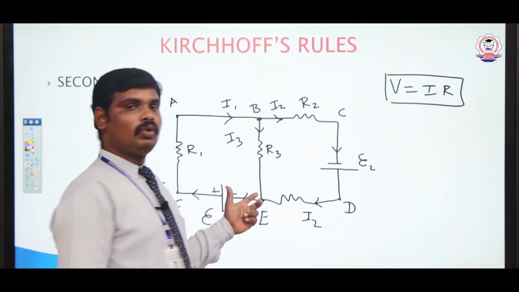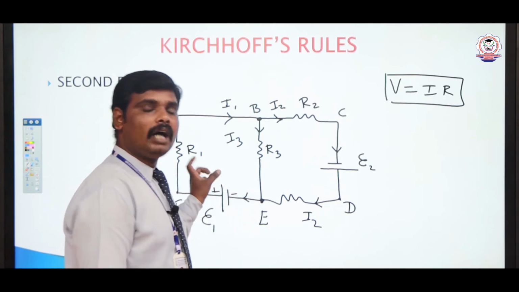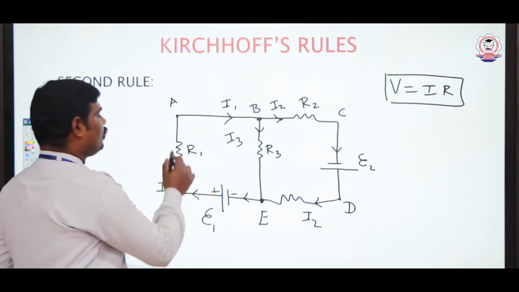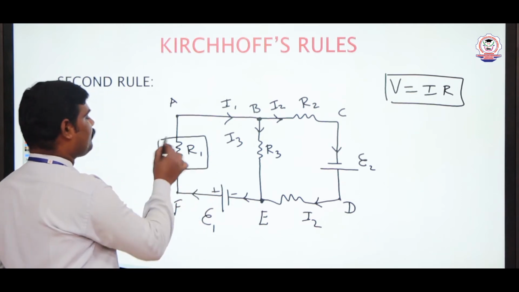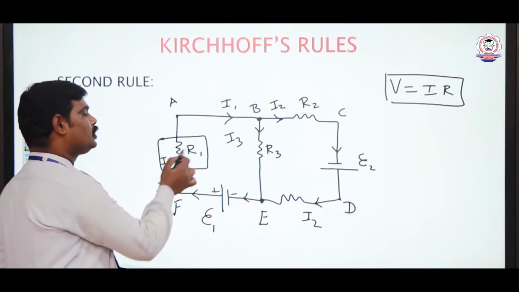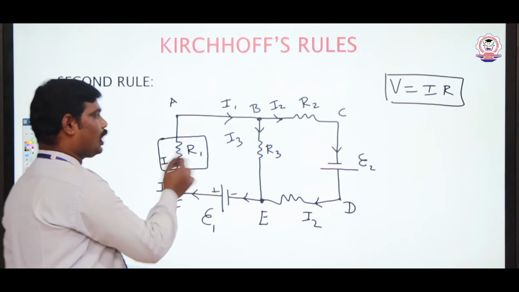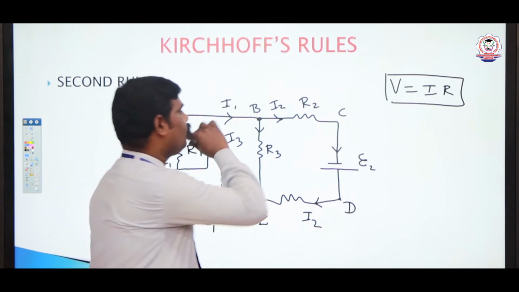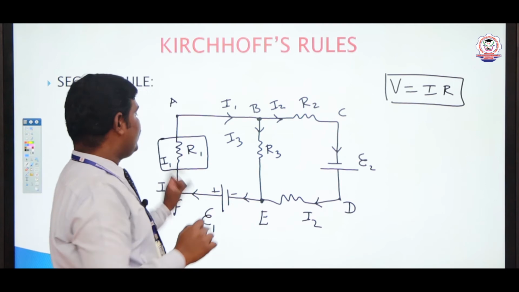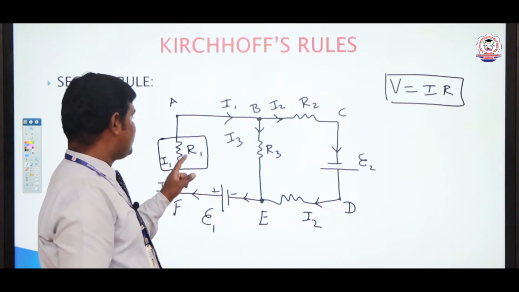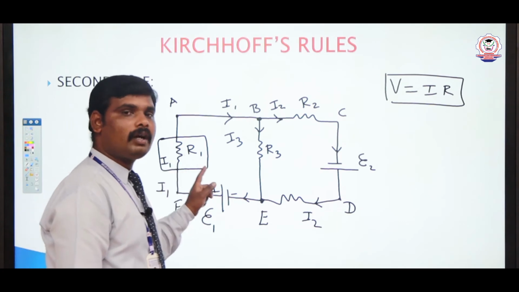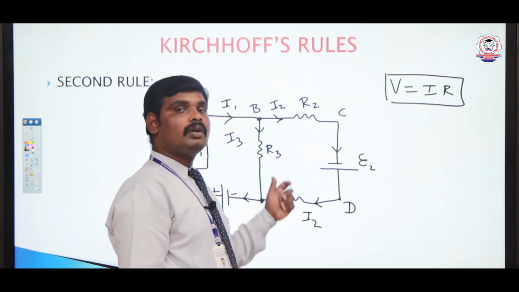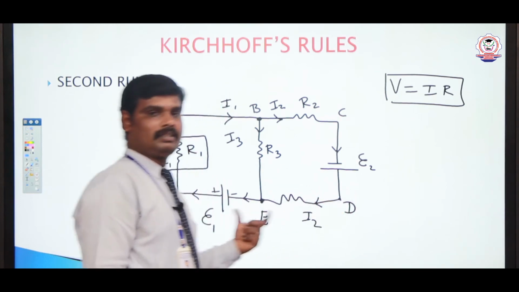The Kirchhoff second rule states that the algebraic sum of the products of electric current and resistance in each part of the circuit, here the current I1 passing through R1, is equal to the algebraic sum of the EMFs psi1 and psi2.